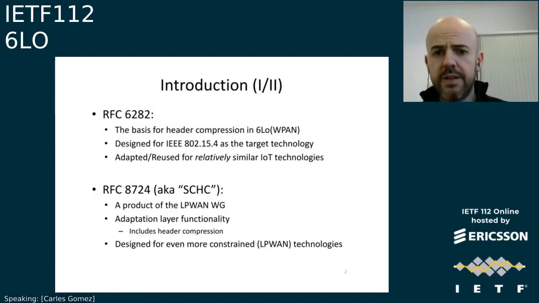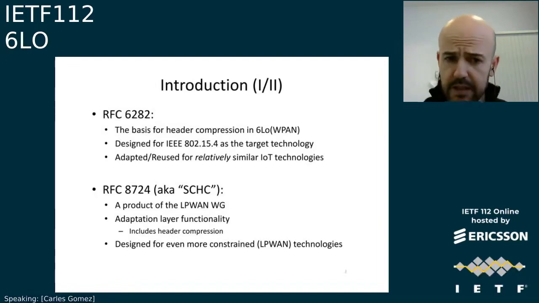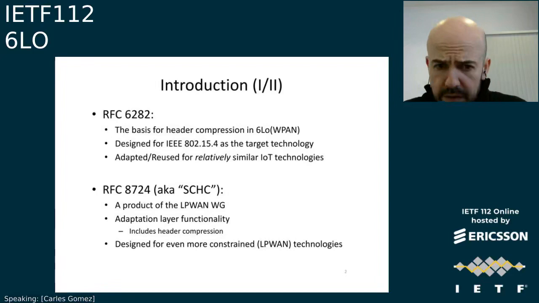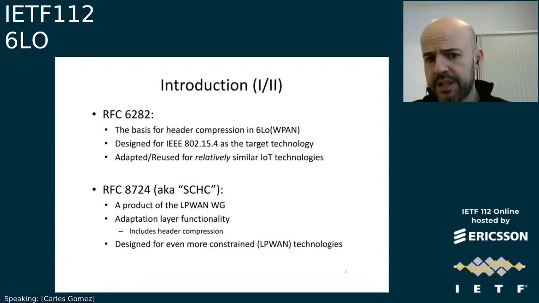SCHC defines adaptation layer functionality, and it includes a header compression component. SCHC has been designed for even more constrained technologies, such as LPWAN technologies. For that, the header compression in SCHC is more aggressive than the one in 6LoWPAN. The trick is using static context based on a priori knowledge of header field values. Next, please.